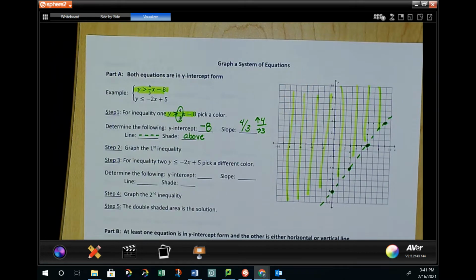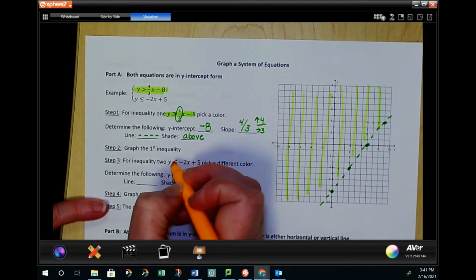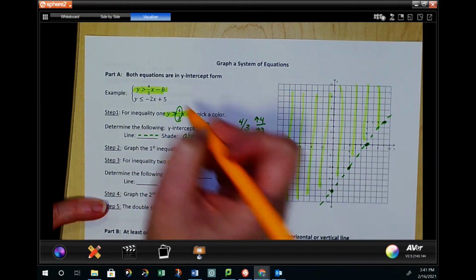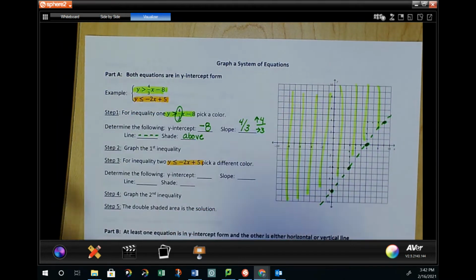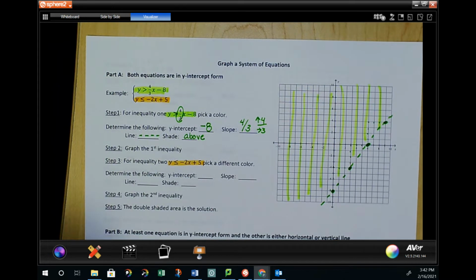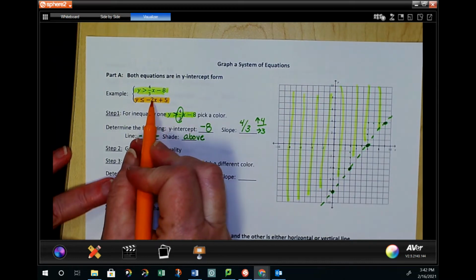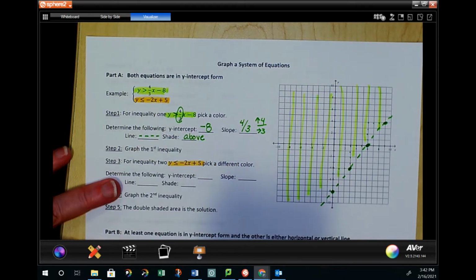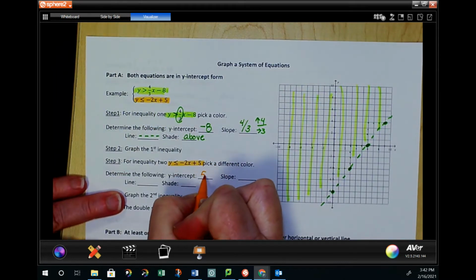So now the next one, I picked a different color, and it doesn't matter what color you pick. And this time that's going to be for my second equation. We're going to go through and do the same process. So my y-intercept is going to be 5, because that's the number without the x.